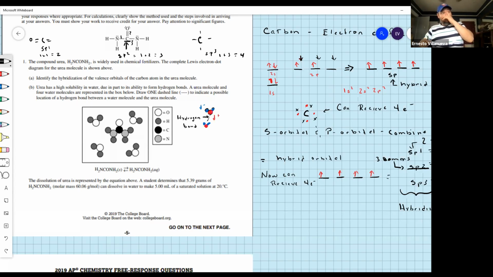So here we have water, and it is surrounding the urea molecule. It tells you right here that this one with the lines is nitrogen, and these here are your hydrogens, right? So how can I draw just a single line to show that there is an attraction between positive and negative? Ooh, it's hard to see the blue one, huh?